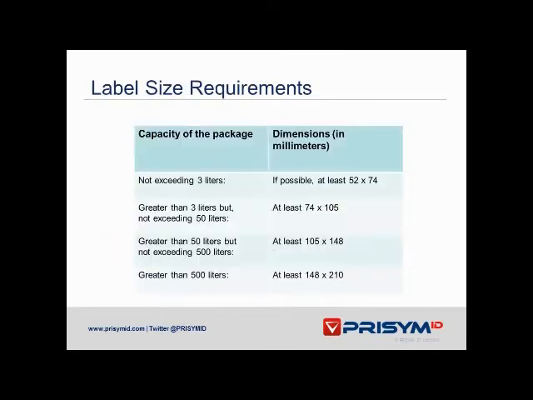Now, in terms of the label sizes, this table summarises the do's and don'ts regarding requirements. If you are in doubt, please speak to myself or a member of the team.